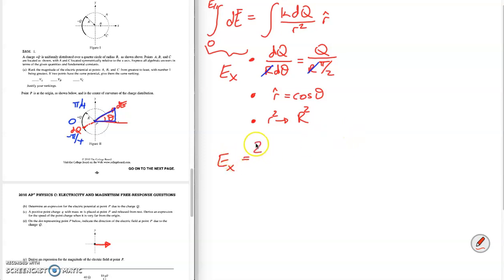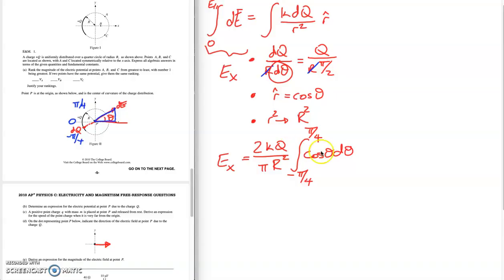We're going to have 2kq over pi, and this time we're going to need to have r squared, and then we will integrate just the cosine piece, cosine theta, and don't forget this d theta here, and we're going to go from negative pi over 4 to pi over 4.